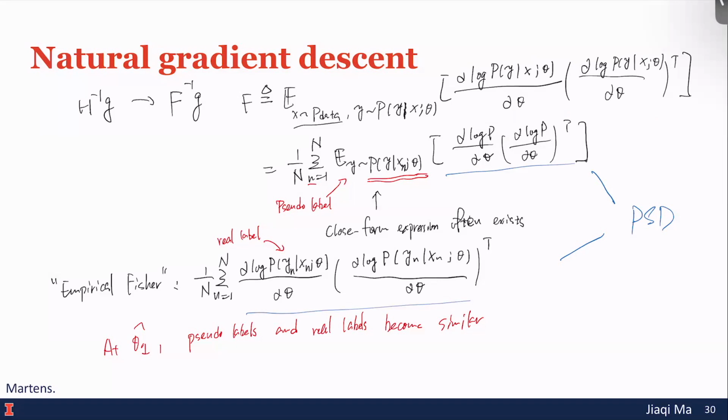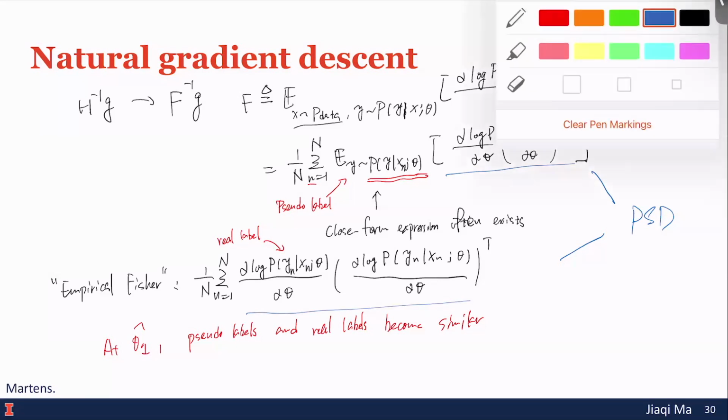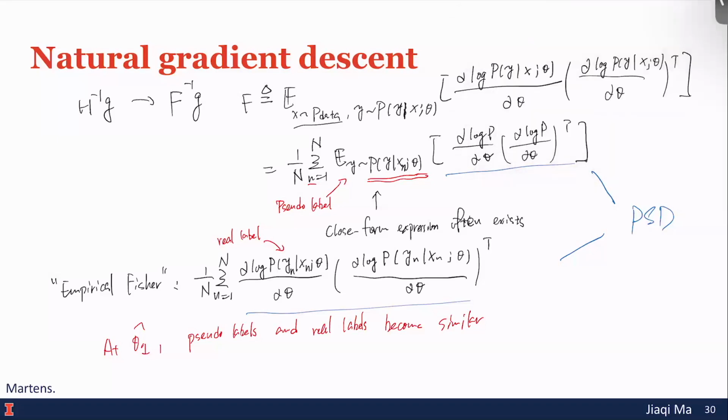In practice, that means it could be more numerically stable, and when you are adding a damping factor to make the matrix invertible, you could add a smaller damping factor. And in practice this enables some methods to efficiently calculate the influence function if we substitute H with F, the feature.